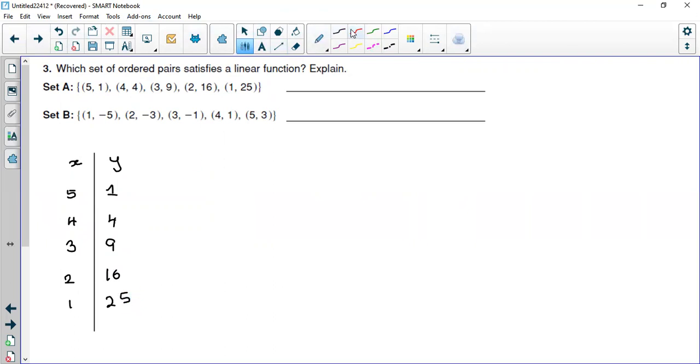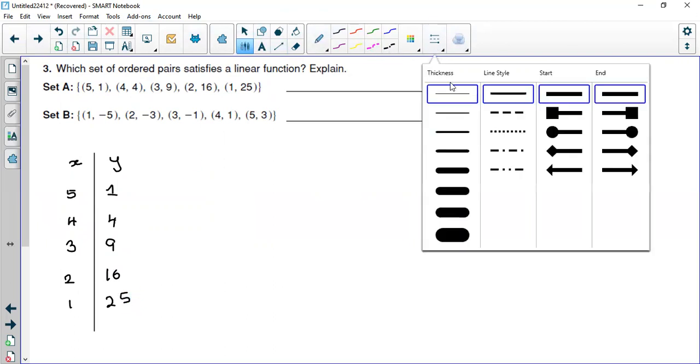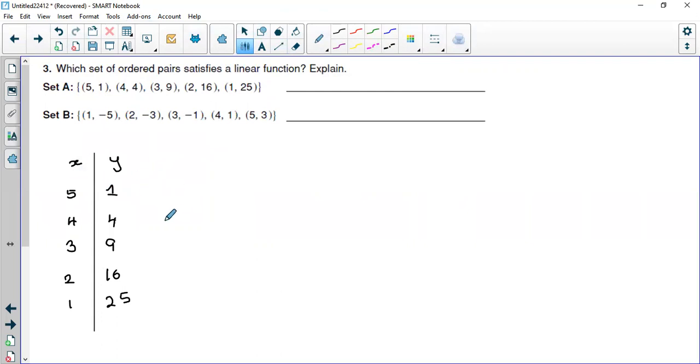All right. Now what I just started the lesson by explaining from a table, how do you find whether it is a function, linear function or not. Check this. This is -1, because 5 minus 1 would give you a 4. Similarly, 4 minus 1 would give us a 3. 3 minus 1 would give us a 2. And again, 2 minus 1 would give us also a 1. Right?